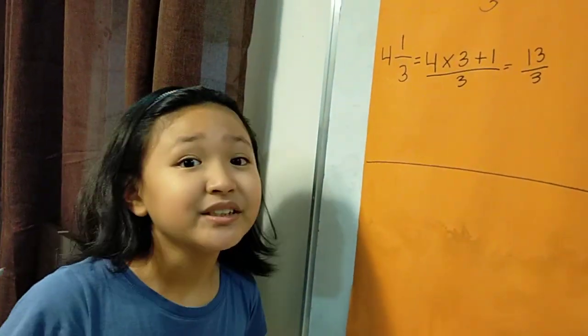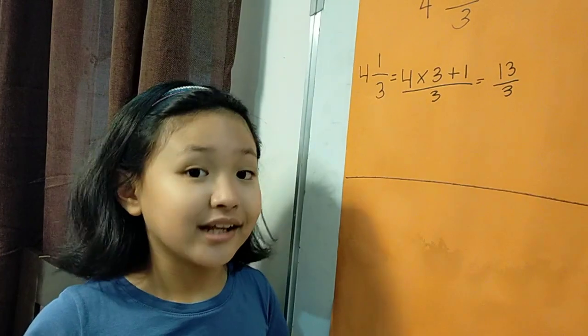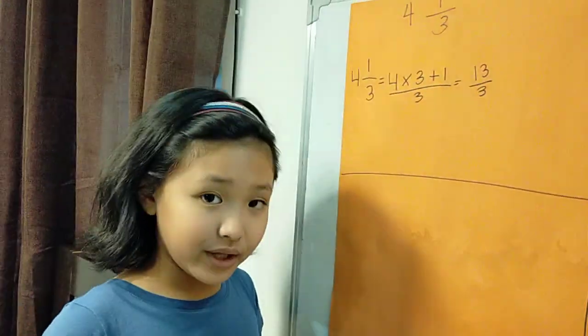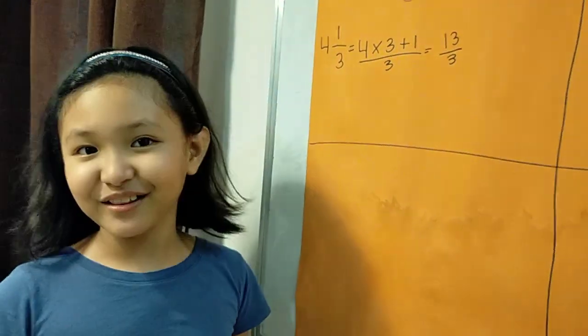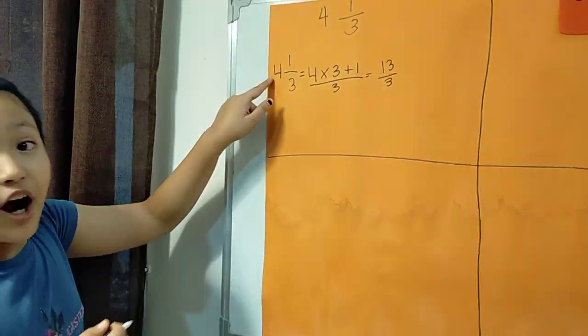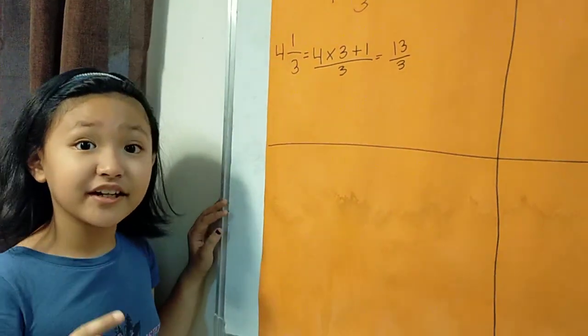Second way of changing mixed fractions into improper fractions. We will do it in a logical way. So, our whole number is 4, so we draw 4 circles.